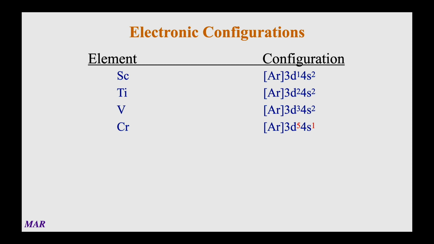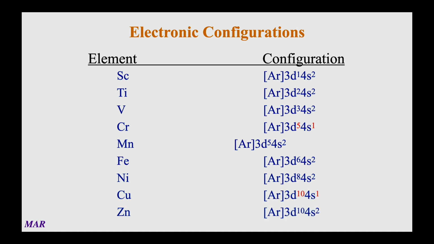So chromium has an argon 3d5 4s1 configuration. Then when you go to manganese and the other ones, they go back to normal. It's no big deal. Copper is another exception. Copper you'd think would be 3d9 4s2, but in reality it's 3d10 4s1. And then finally zinc, argon 3d10 4s2.